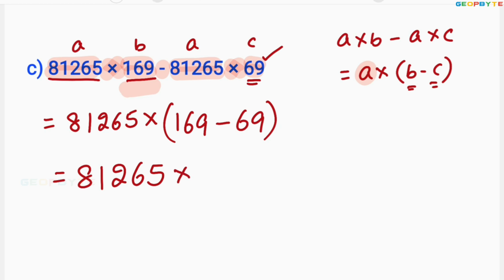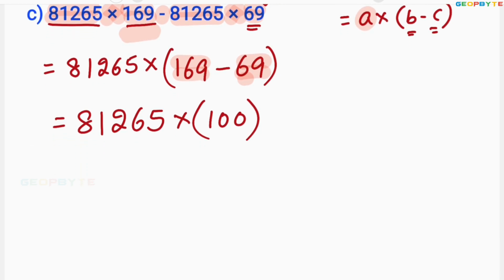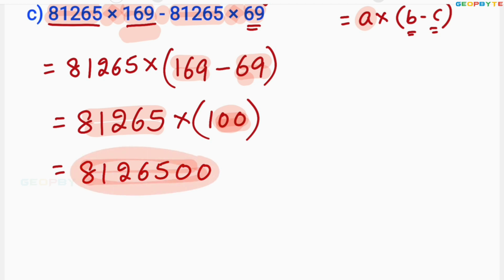What is the value of 169 minus 69? A round figure, 100. The problem is very easy now. 81265 multiplied by 100 means you just keep these two zeros after this number. You got your answer. I hope all of you clearly understood.